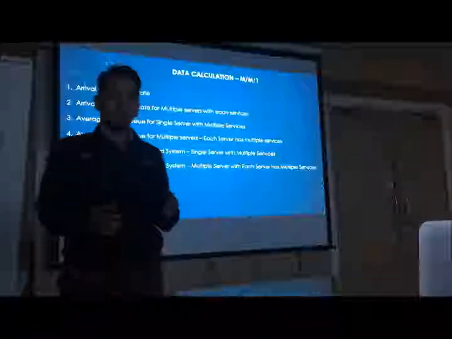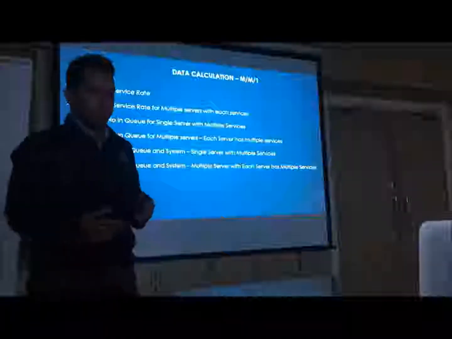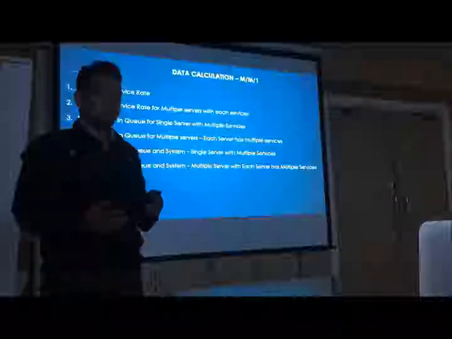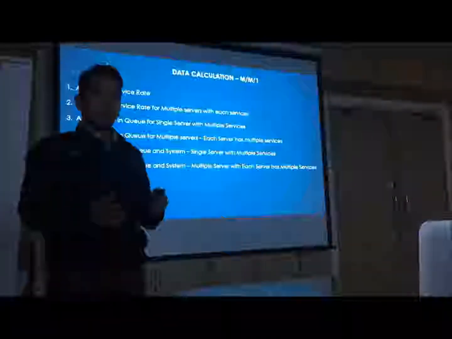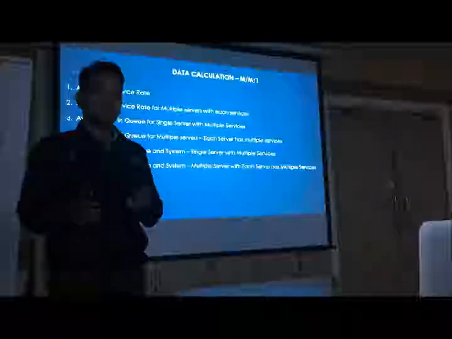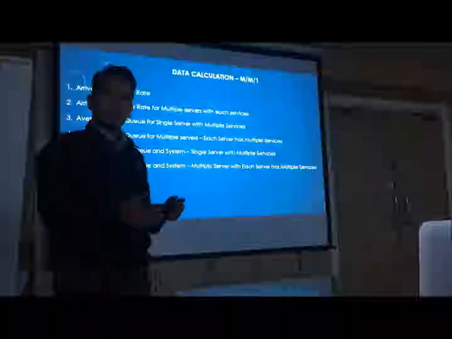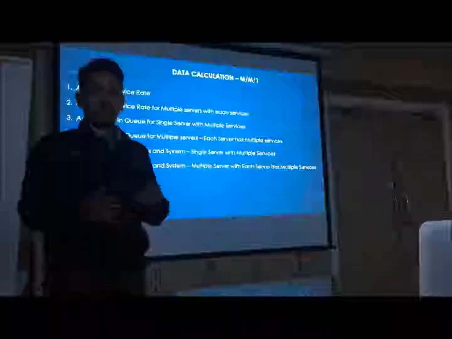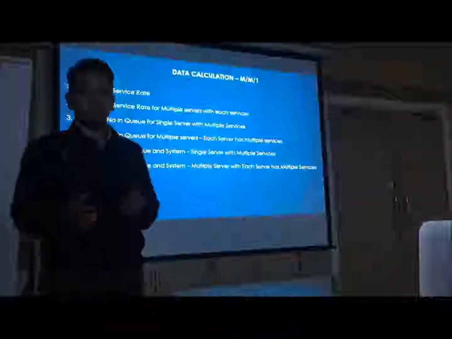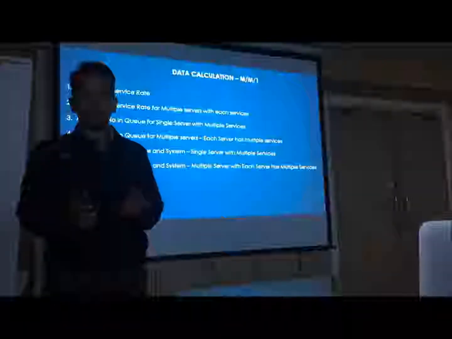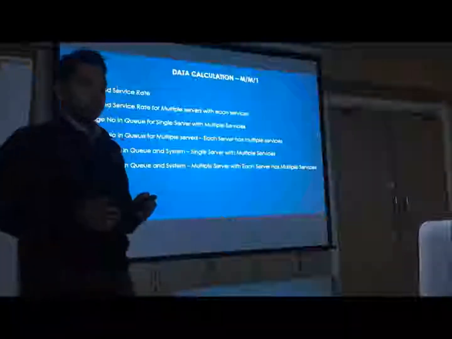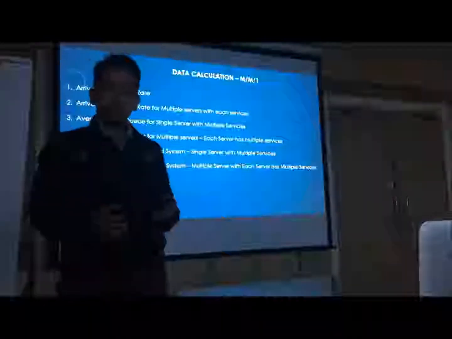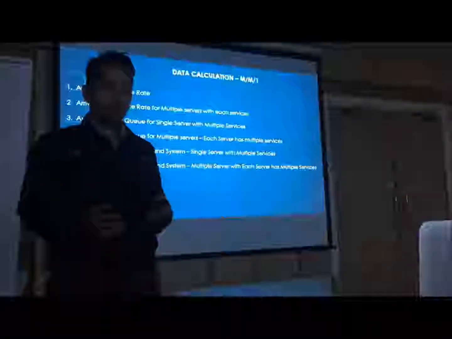as previous explanation by Khairi. So our situation is we take the example, we do a simulation between two different cases, which is using a single server and using the multiple server. The numbers of server we are using is 3 servers. So number 3, we calculate the average number in queue for the single server with multiple services.